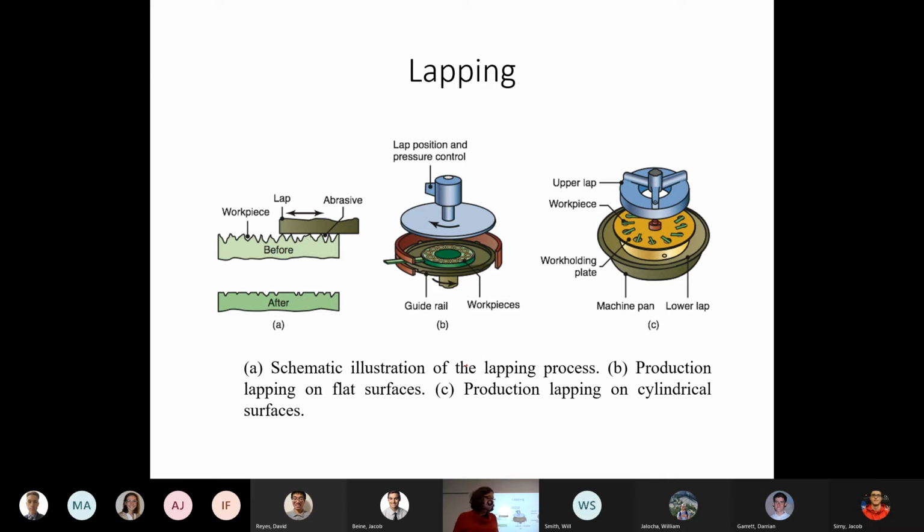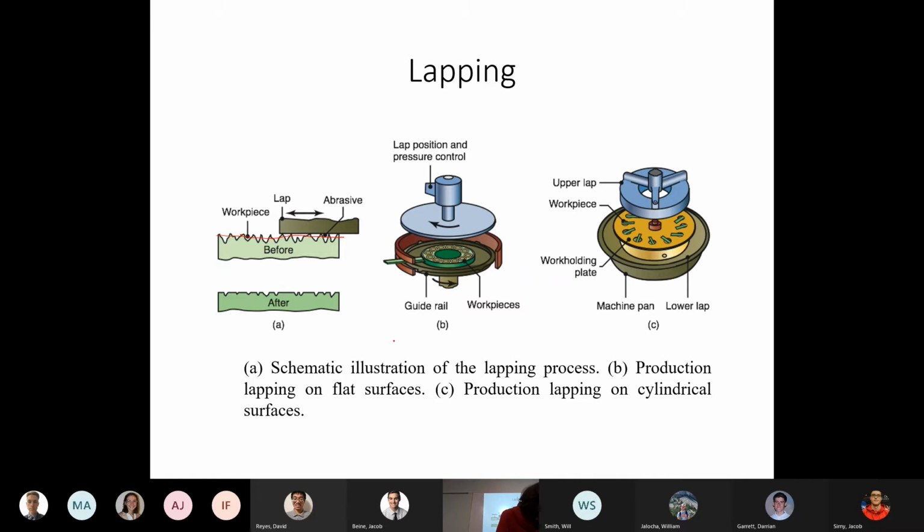If we look at the surface, here we have our surface that we get from some other material removal process. We've got the tool or the lap and the abrasive. And what we're doing is we're just removing the peaks. So after lapping, it's as if we removed some of those peaks, and that has really reduced the surface roughness.